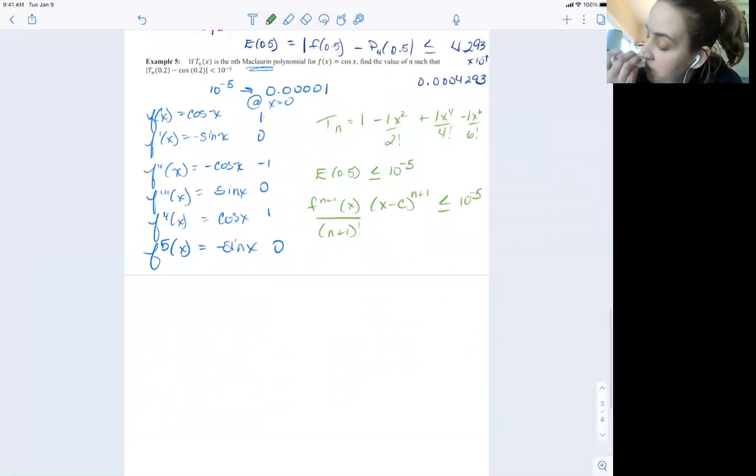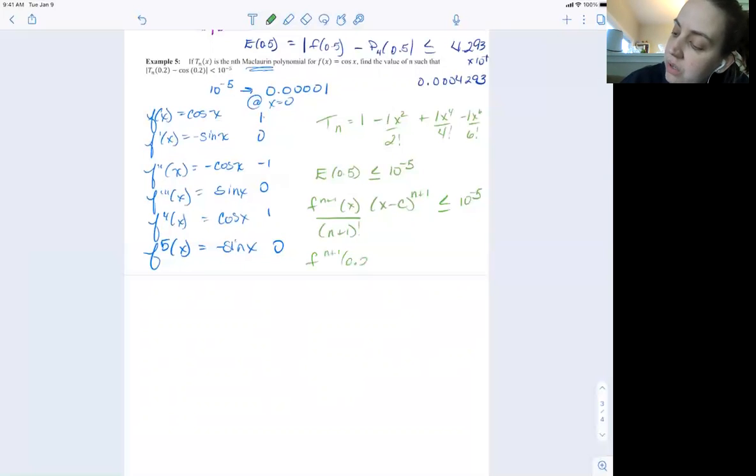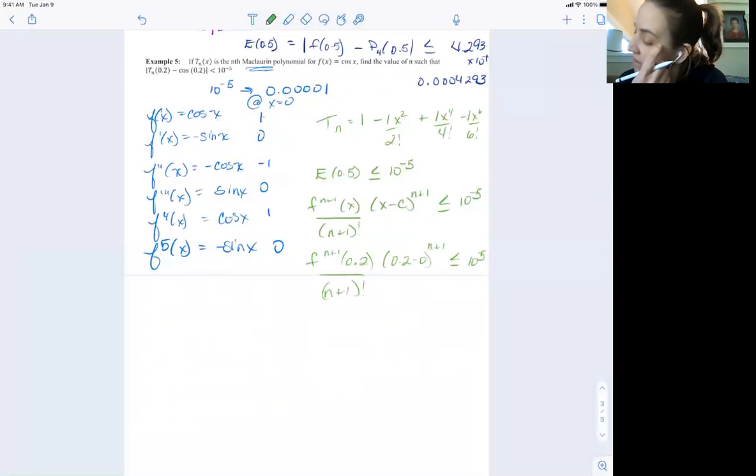Okay, so we know x is 0.2. So f to the n plus 1 of 0.2. N plus 1 factorial, we're still trying to figure out. X minus c, well, x is 0.2, c is 0, n plus 1 less than or equal to 10 to the negative fifth.